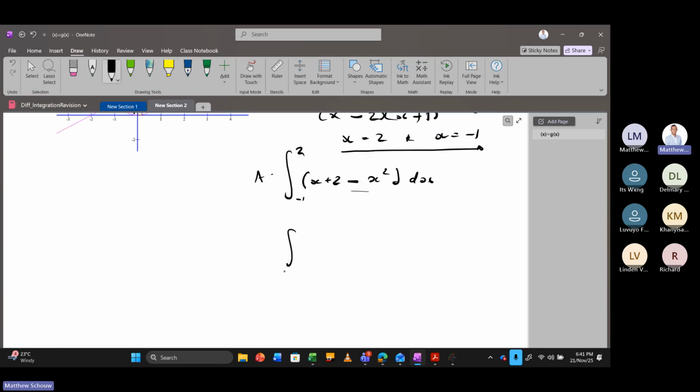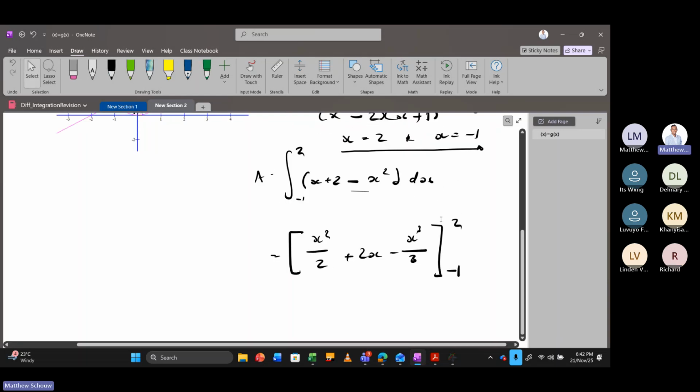Definite integral, right? Obviously, you want to integrate each term. I believe you all have experience now. The integral will be x squared over 2 plus 2x minus x cubed over 3. And 2 and -1 must be substituted. Is everyone happy with that one? Okay. So once that is done, we just got to substitute.